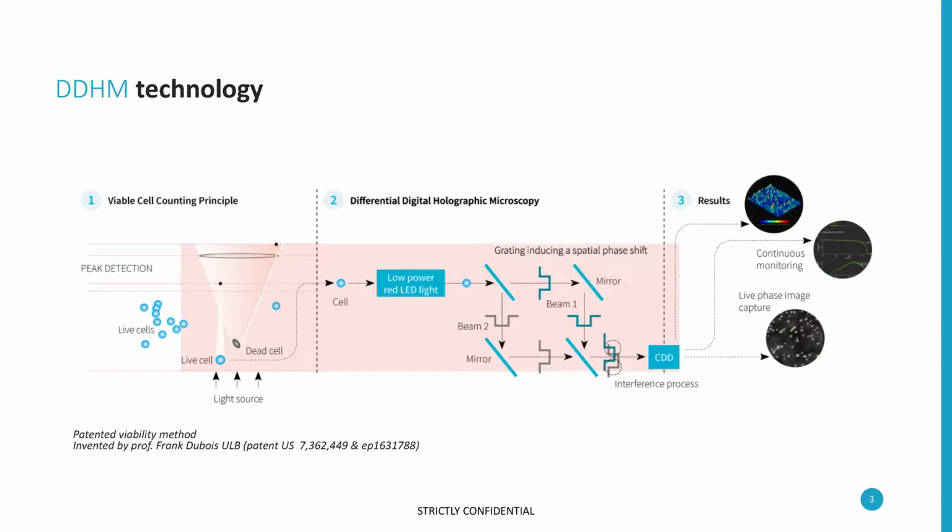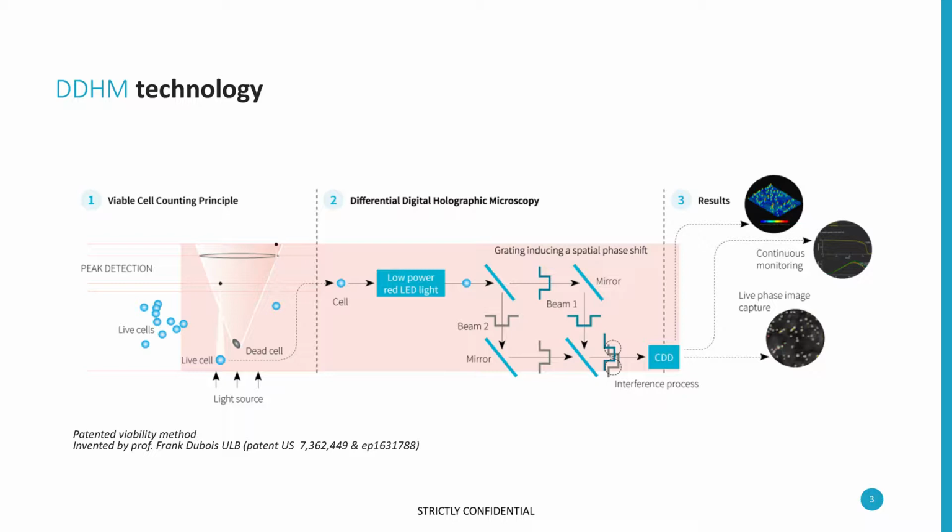Next to our patented measurement principle to look at the viability of a cell, we have our differential digital holographic microscope, of course, that gives us images in a continuous manner as a live phase image capture. And from those things, we can calculate all the results and all the things that you are looking for.